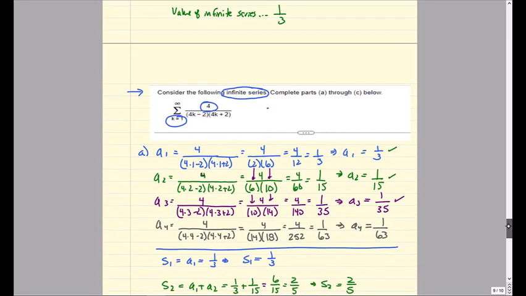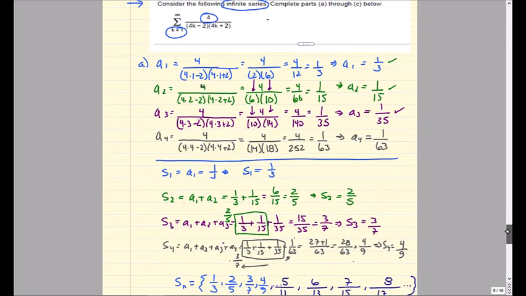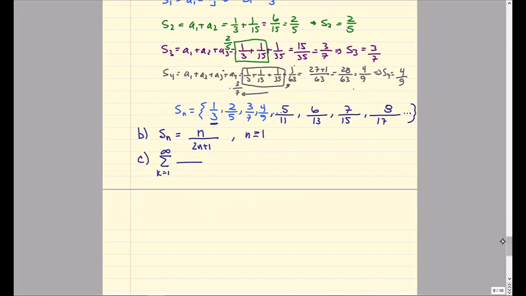I don't even know if I remember my original problem. 4 over 4k minus 2, 4k plus 2, is equal to 1/2. And again, if I kept writing these out, I could see these decimals.